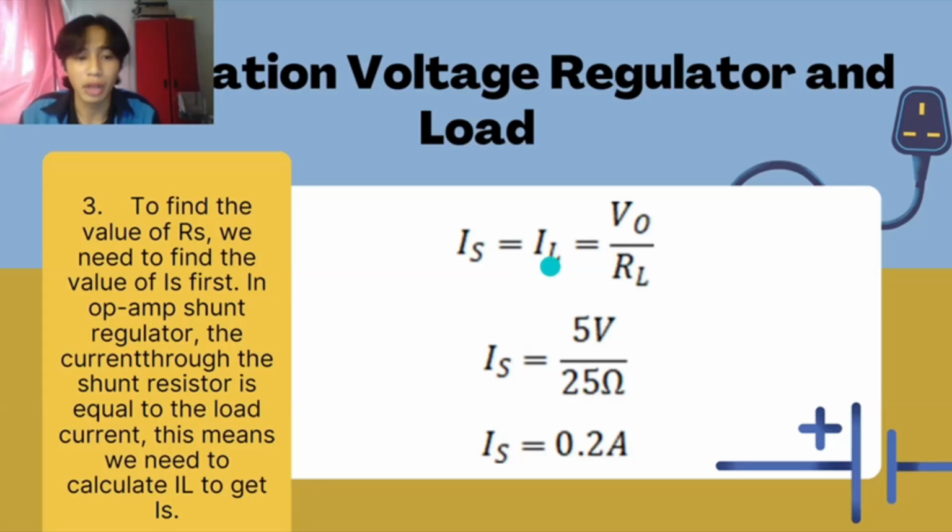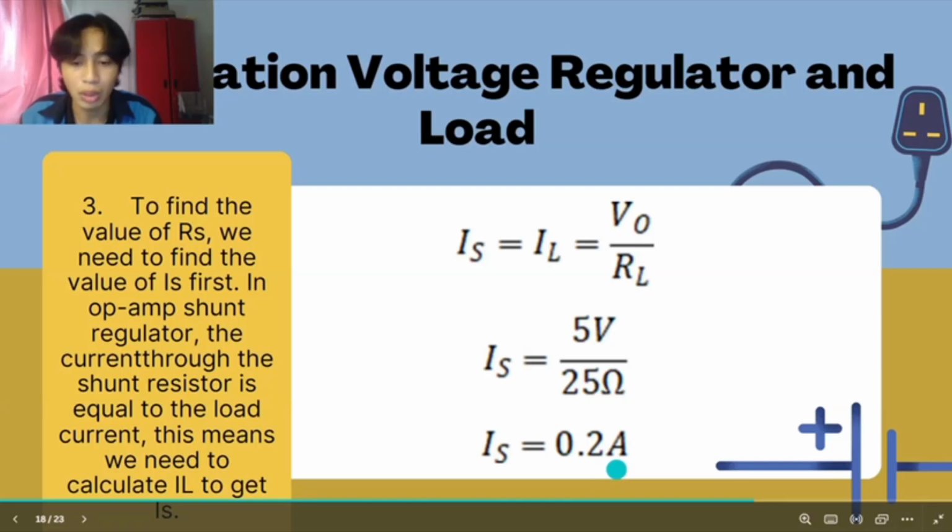In an op-amp shunt regulator, the current through the shunt resistor is equal to the load current. This means we need to calculate the IL to get the IS, which is Vout over RL. So we use 5 volts divided by 25 ohm, and we get 0.2 ampere.